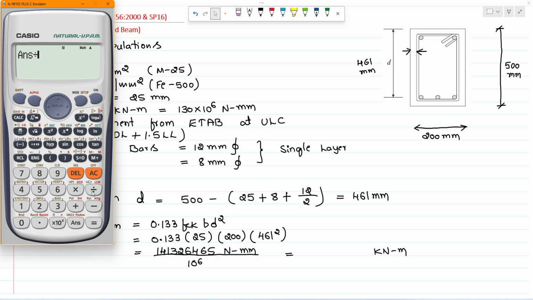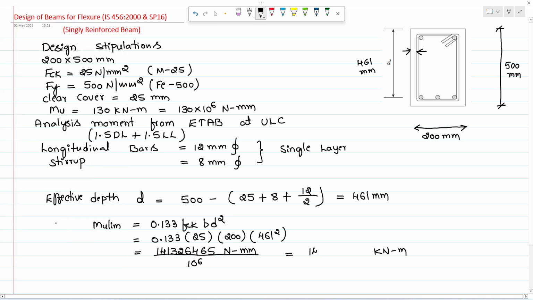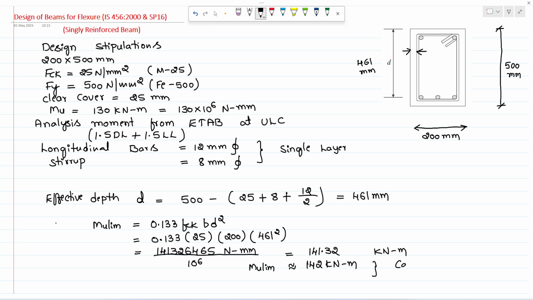So it is 141.32, nearly equal to 142 kilonewton meter. So this is Mu limit, which is nothing but the capacity of the section.